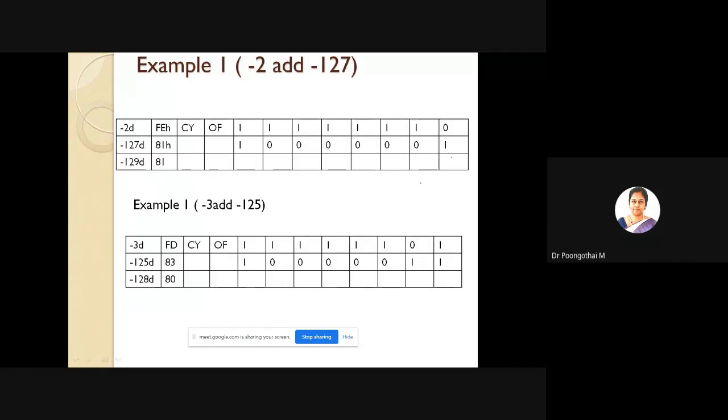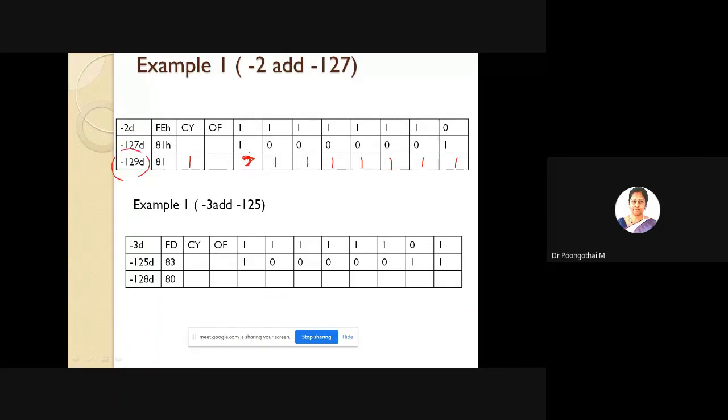So 0, 1, 1, 1, 1, 1, 1, 1, 1, 1, 0, 1. Okay, so check your answer.